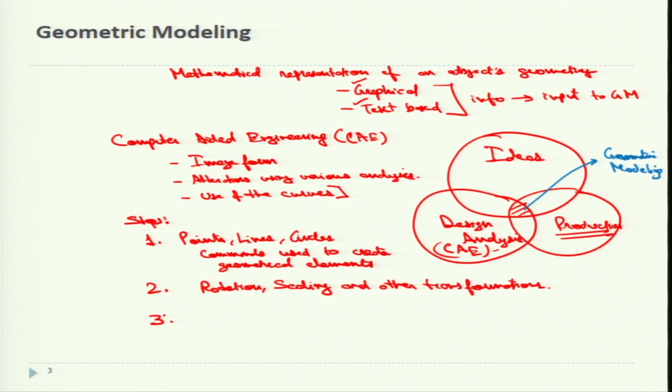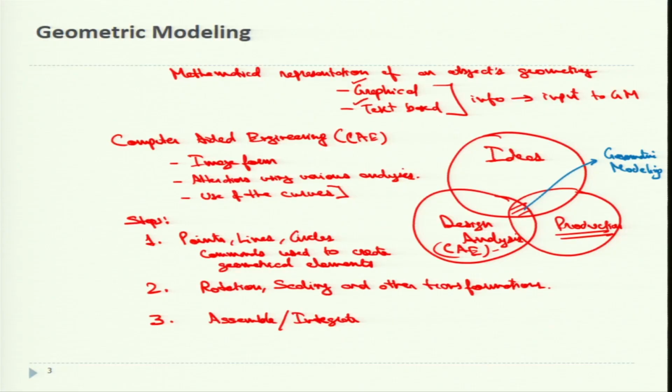Then we use a variety of commands to build a geometric model in which we integrate the model components to create a desired shape. Then we try to assemble or integrate. The word assembly is only used in computer-aided design if the components have different elements in it.